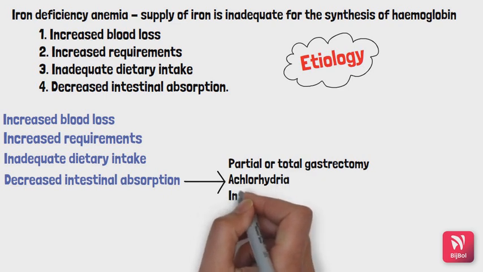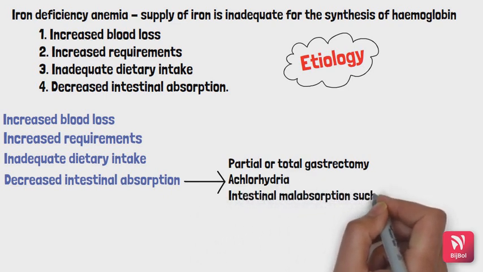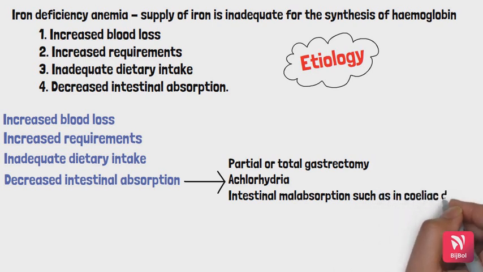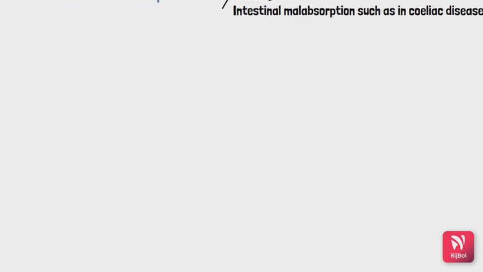So the ferric form of iron cannot be reduced to ferrous form, and then it will not be available for circulation, right? Next, intestinal malabsorption, as in celiac disease. So these are the various etiological factors for iron deficiency anemia.